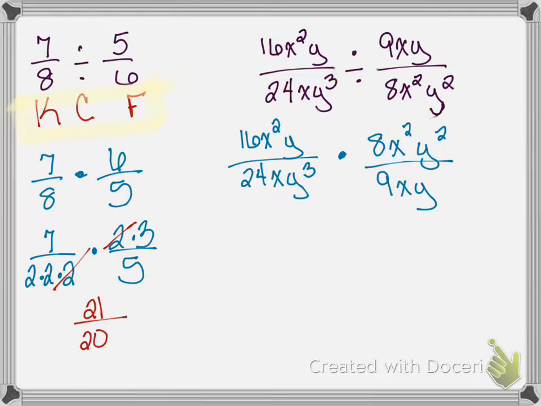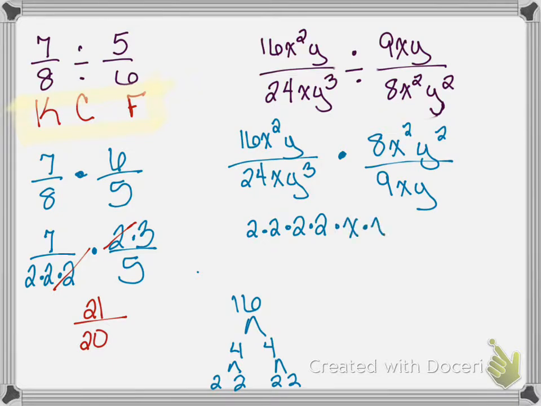Okay? Now I'm going to break everything down to primes. If you forgot what 16 breaks down to, that's okay. I've got 16, 4 times 4, 2 times 2. So I've got 2 times 2 times 2 times 2. I want to break the x squared down too. So I'm going to have x times x, and y.